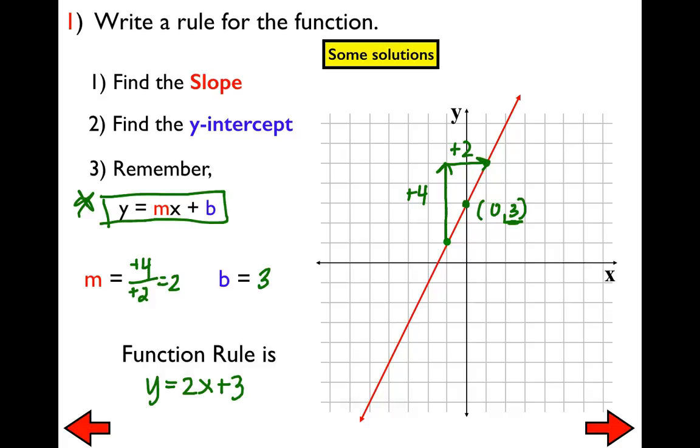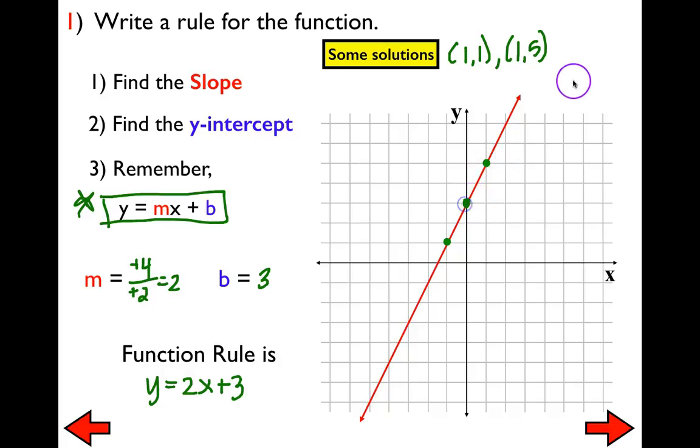So now real quick, let's discuss some of the solutions. Obviously, the ordered pairs that are already given would be solutions. So (1, 1) would be a solution. This would be a solution, which is 1, 1, 2, 3, 4, 5. So (1, 5) is a solution. Now notice there are others.